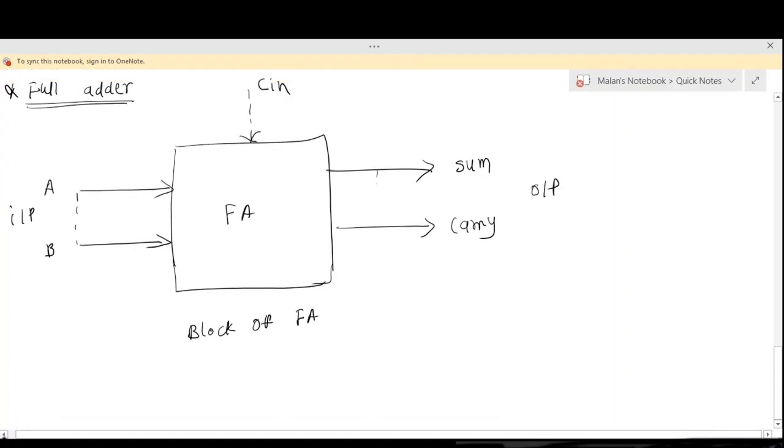Now I can say that the full adder has three inputs: variable A, variable B, and carry in.